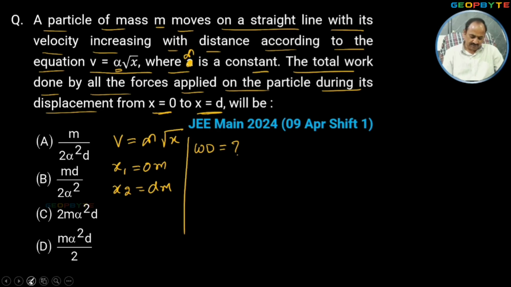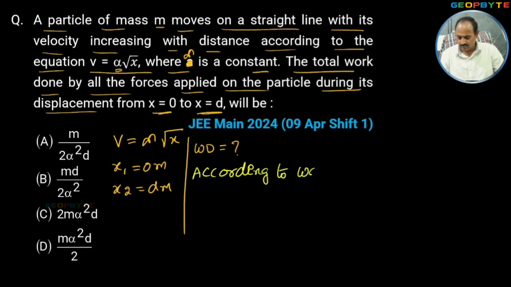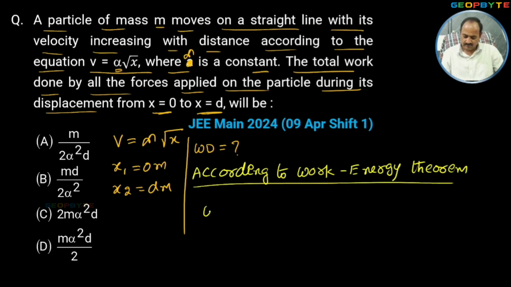Okay. Dear students, as you know, according to the work energy theorem, listen carefully, work done equal to change in kinetic energy, that is final kinetic energy minus initial kinetic energy.